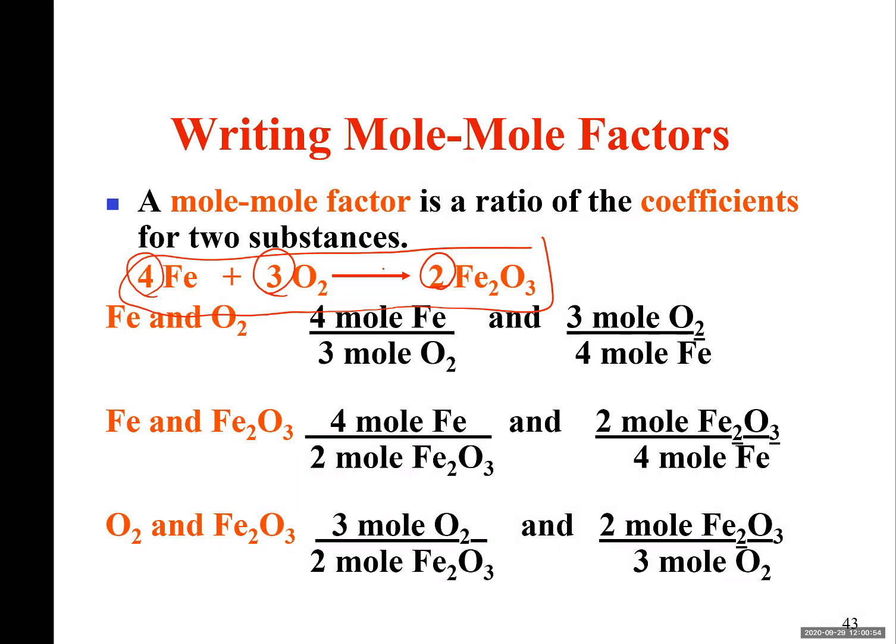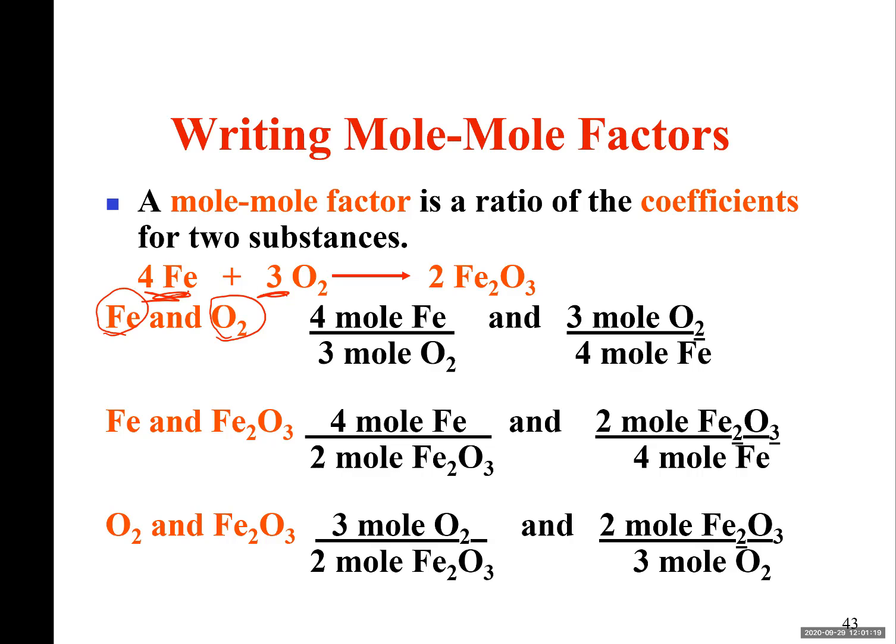For example, if I ask you, what is the relationship in this equation between the number of moles of iron and oxygen? What would you say? Moles of iron and oxygen.